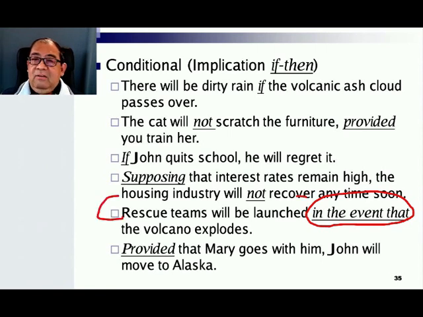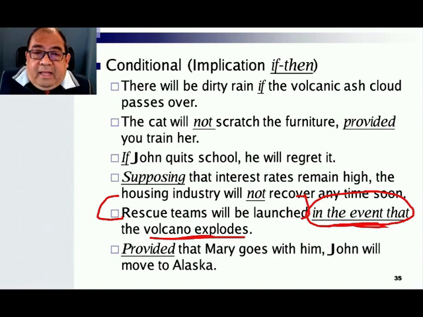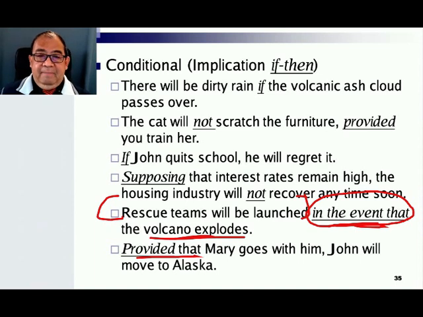In the event that, it means that this will only happen after the volcano explodes. So therefore, if the volcano explodes, then the rescue team will be launched. Now this is another way of saying if-then.